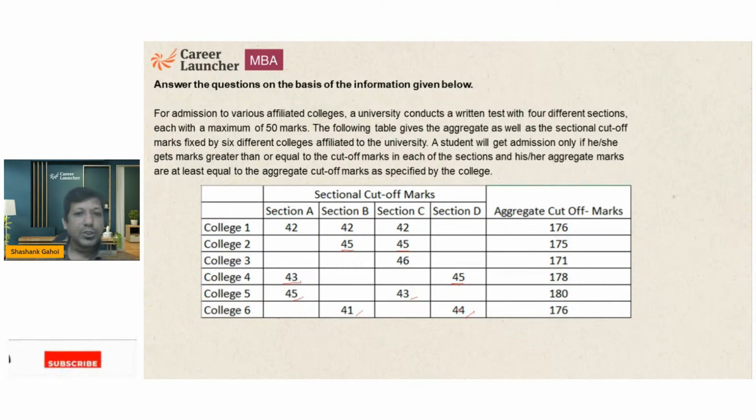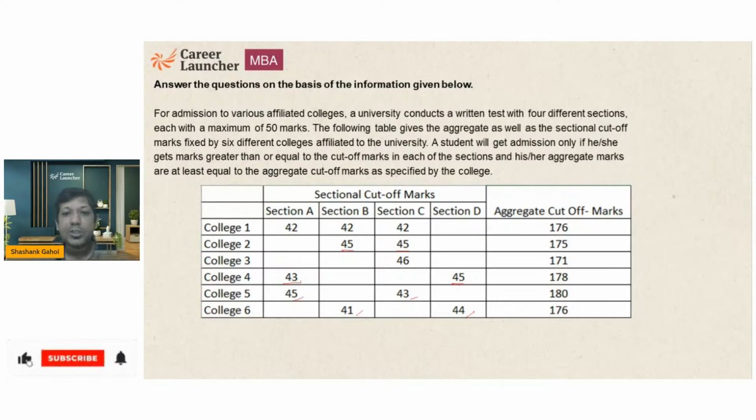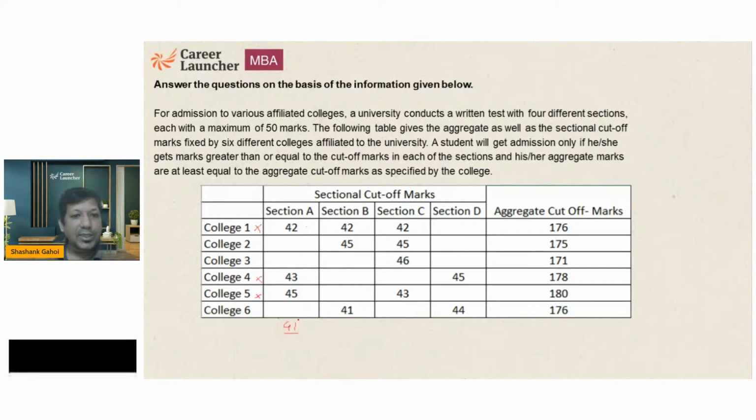ठीक है। सो अगर मुझे मैक्सिमाइज करना है, सॉरी मैं कुछ गलत कर रहा हूँ इसमें शायद, हाँ ठीक है, आदित्य की कॉल नहीं आई कहीं से भी और स्कोर मैक्सिमाइज करना है। सो बेसिकली आई एम गोइंग टू से कि सेक्शन ए में आदित्य इज गेटिंग 41 मार्क्स, तो कॉलेज 1 चला गया, कॉलेज 4 चला गया, कॉलेज 5 चला गया। अब इसका कुछ कॉम्प्लीमेंट्री है क्या यहाँ पे? अच्छा ठीक है। सो सेक्शन वाइज I am going to look at complementary things.